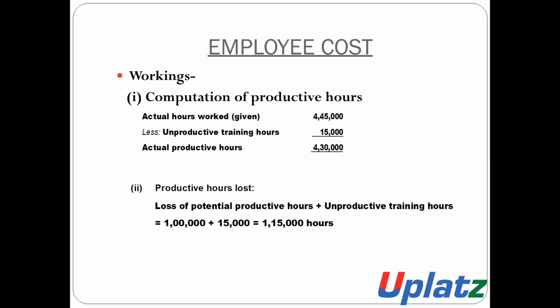Then the actual production hours is 4,30,000. And production hours lost: loss of potential production hours 1 lakh and unproductive training hours 15,000, then 1,15,000. Total productive hours which are lost is 1,15,000.